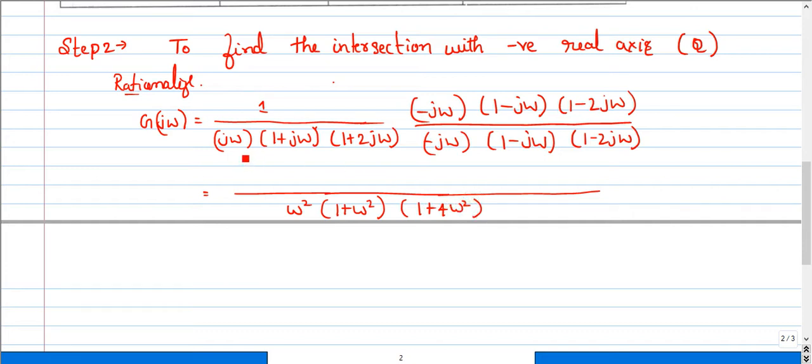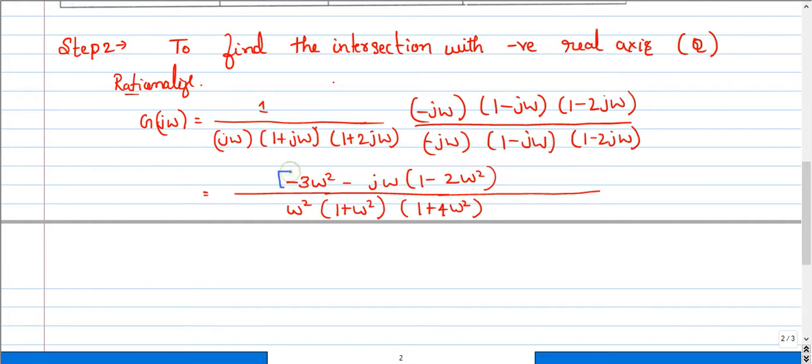So if you multiply the denominator, you will identify the denominator in this form, and in the numerator I will represent directly. You need to separate the real part and imaginary. So it will be in this form: minus 3 omega square minus j omega 1 minus 2 omega square. So this will be the final equation. You can observe here I have separated it.